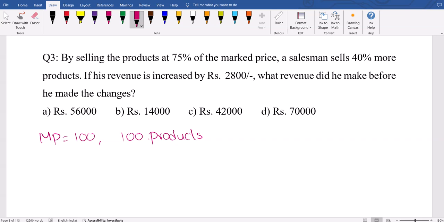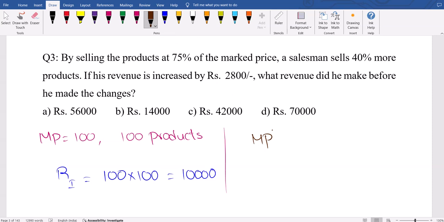Initially market price is 100 for the product and you are selling 100 products. Then the revenue initially is 100 market price, 100 products means 10,000 rupees. Revenue is 10,000 rupees. Now what happened? You are selling it for 75% of the price.